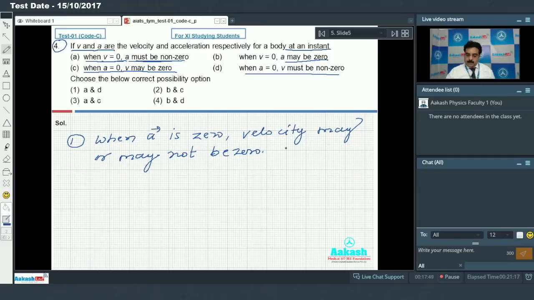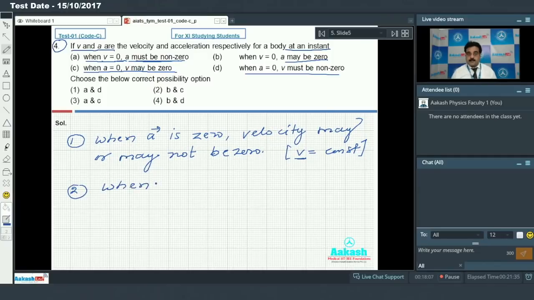You know, if velocity is constant, then velocity is there, but since it is constant, there is no acceleration. So this is possible.